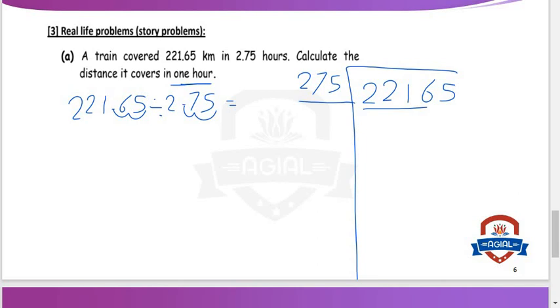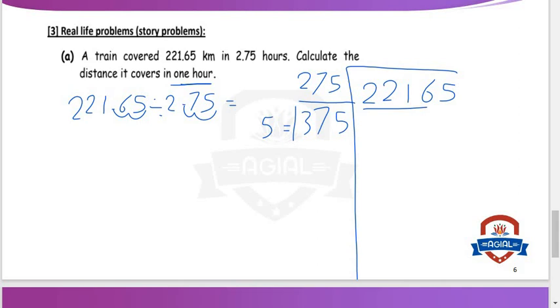Okay, try 5 for example. 5 times 5 equals 25. 5 and carry 2. 5 times 7 equals 35, 36, 37. 7 and carry 3. 2 times 5 equals 10, 11, 12, 13. 1,375 is still smaller than 2,216. So what will we try?